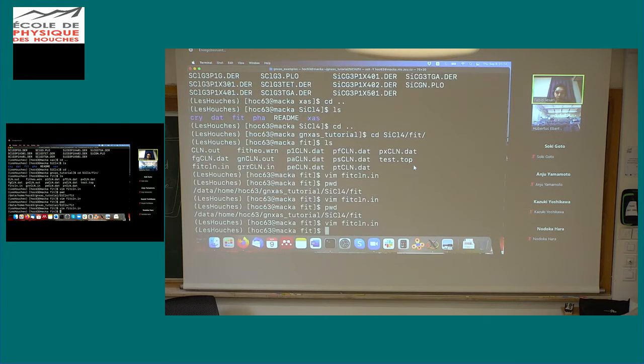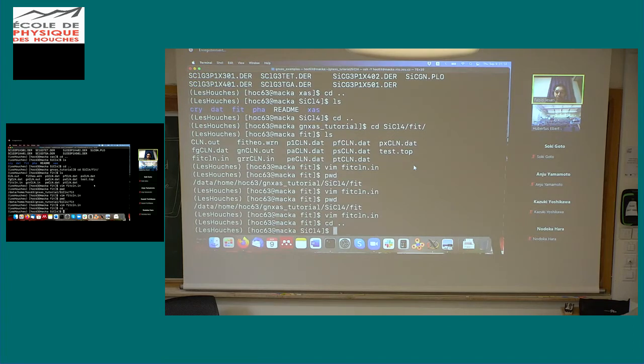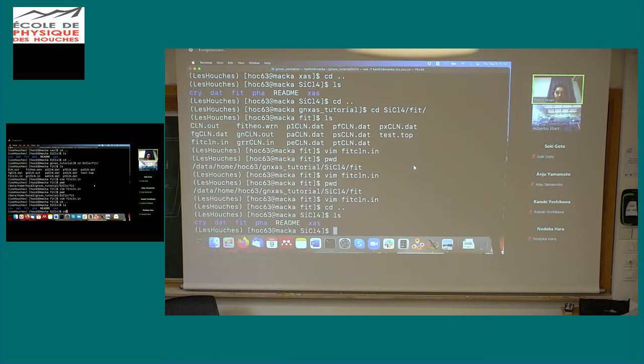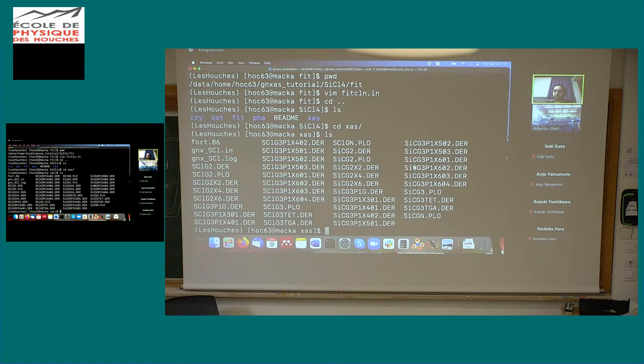Let me go and show you again what we calculated before. So if you remember before, we calculated all these signals, and so how to read this is, okay, this is the name that we gave in the input file. Then G2 stands for the two-body peaks. So you have either this G2 dot there, this is the total two-body, or you have this G2 X2, which are the single.